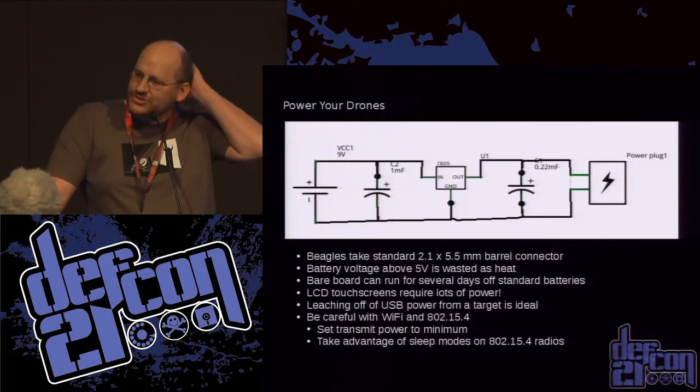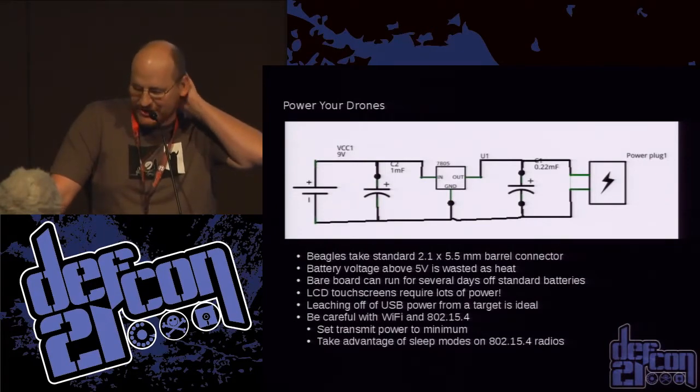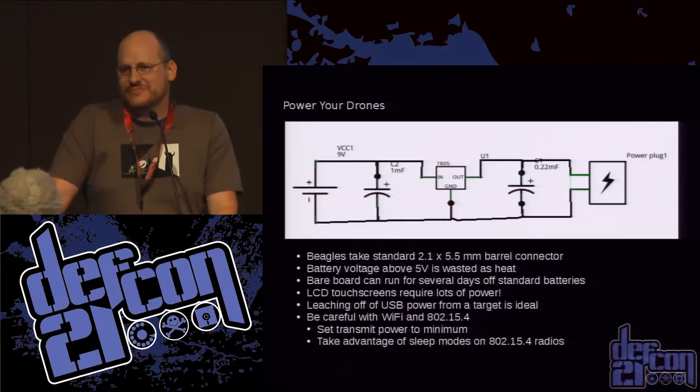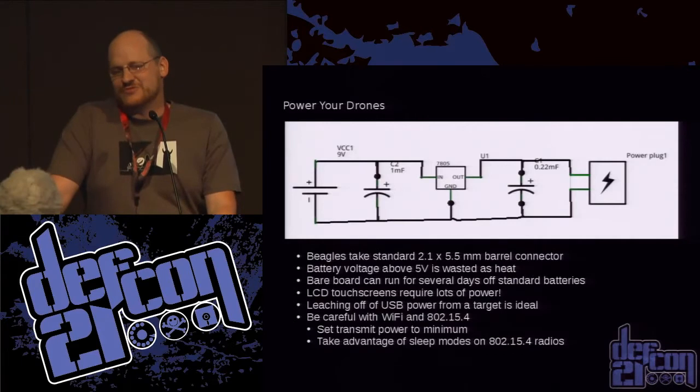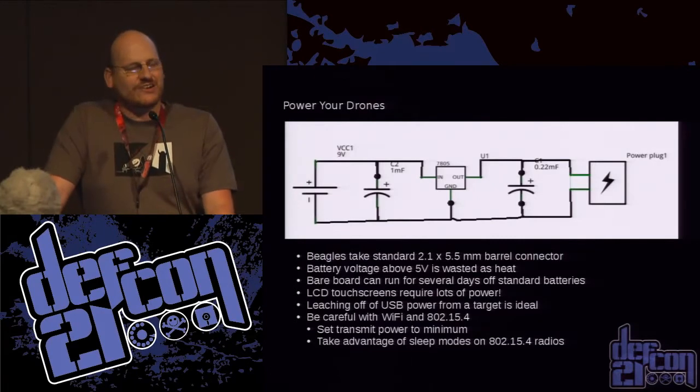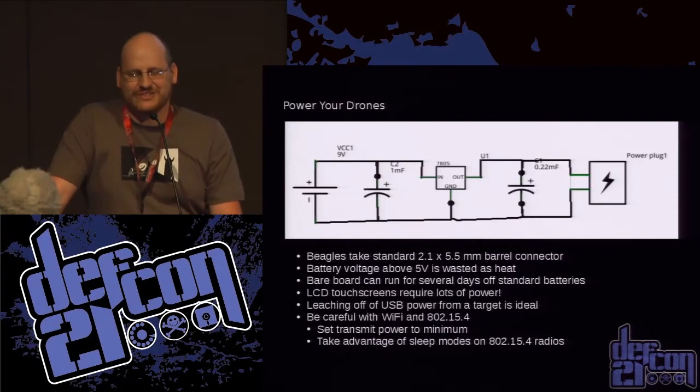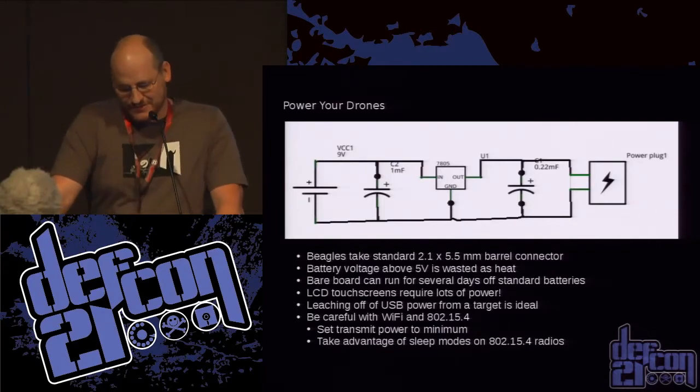Now, I just showed you a picture with a 9-volt battery clip, and that works great, and 9 volts are nice because they're compact, but it's not real efficient, all right? For one thing, I'm dropping from 9 volts to 5, so I'm wasting a lot of energy, and it all goes to heat. And also, 9-volt batteries don't have a very good energy density when you compare them to things like D cells and stuff like that. So, something to keep in mind.